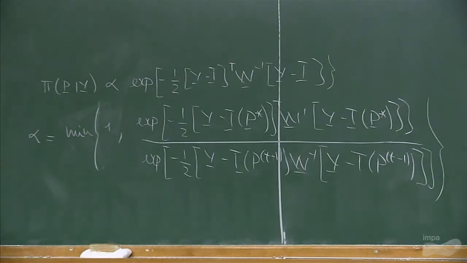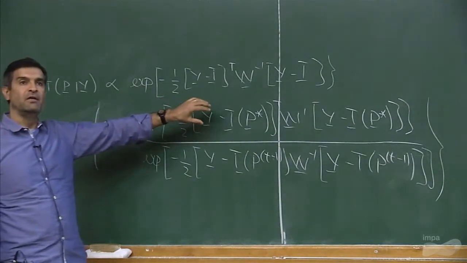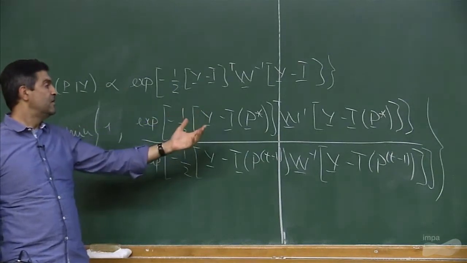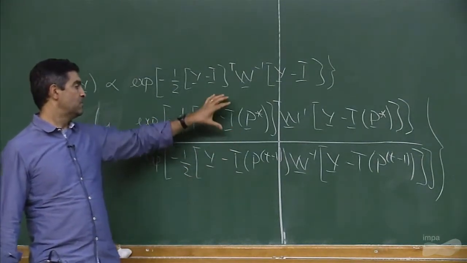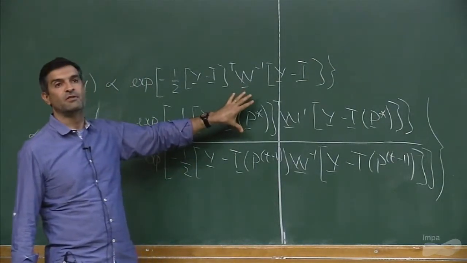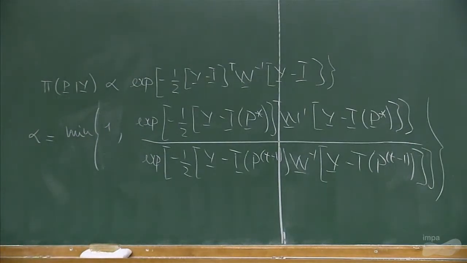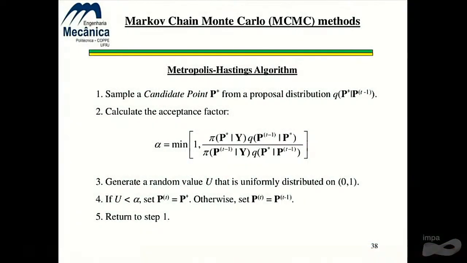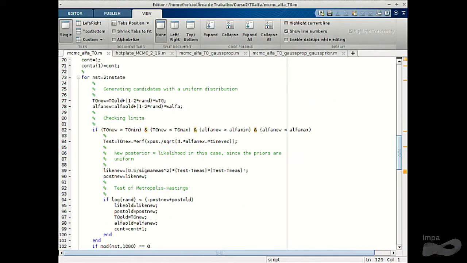It's purely numerical. So instead of doing this, I'm going to take the logarithm of alpha, subtracting this quantity from this quantity here. This is only for the sake of the implementation of the method, because otherwise you may end up getting some not-a-numbers.